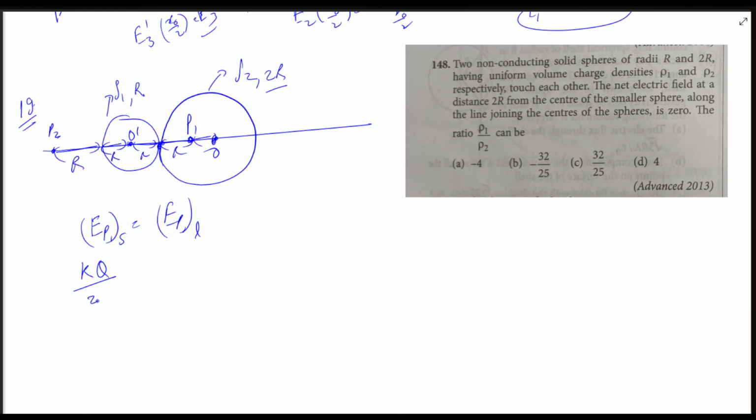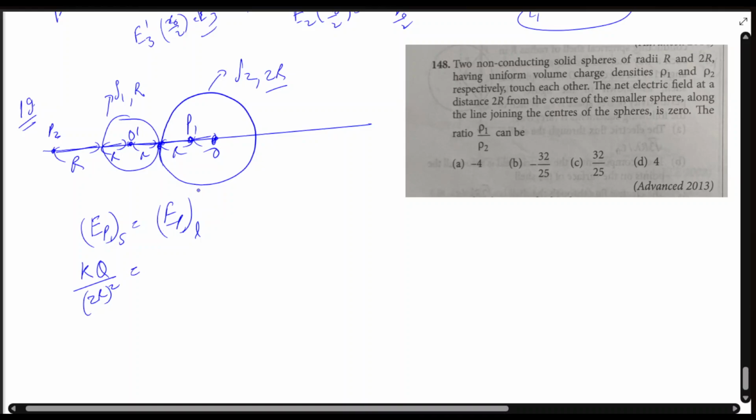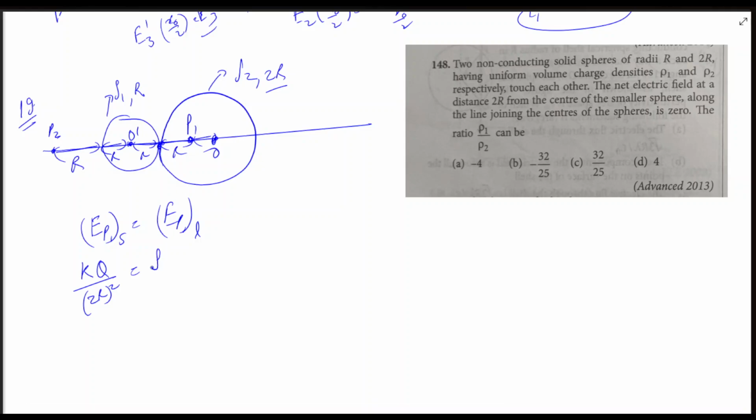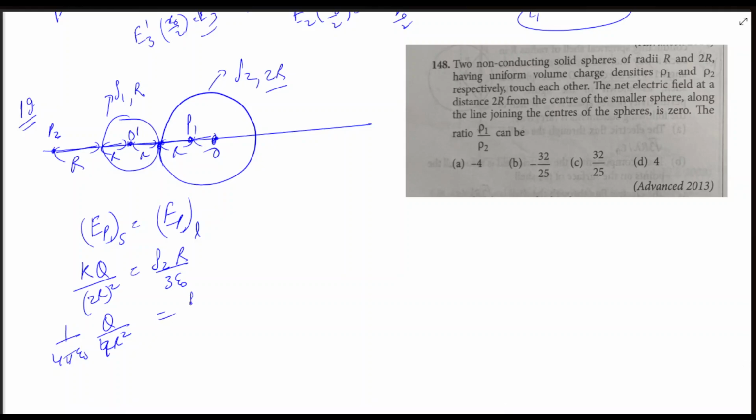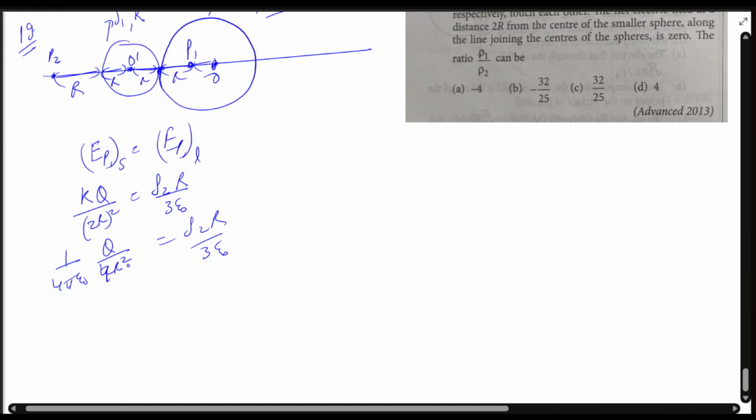And due to the larger sphere it will be rho 2 r divided by 3 epsilon, right? So let's just equate them. So it will be k, 1 by 4 pi epsilon naught, q upon 4r square, right? It will be rho 2 r upon 3 epsilon naught. Yes. So let me convert them.